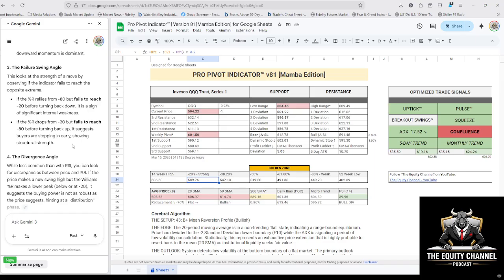If the percent R drops from negative 20 but fails to reach negative 80 before running back up, it suggests buyers are stepping in early, showing structural strength. All right. Another one of my favorites there.